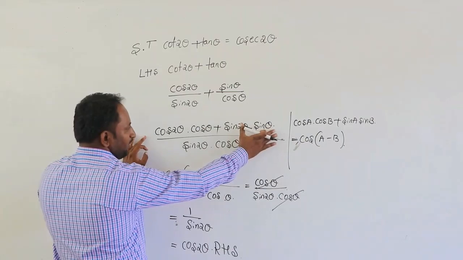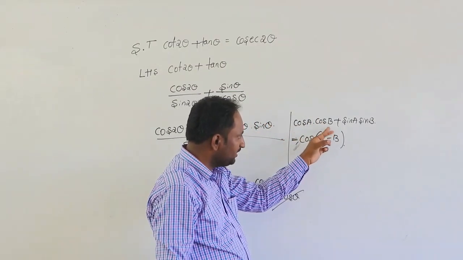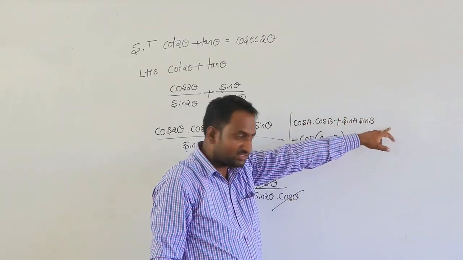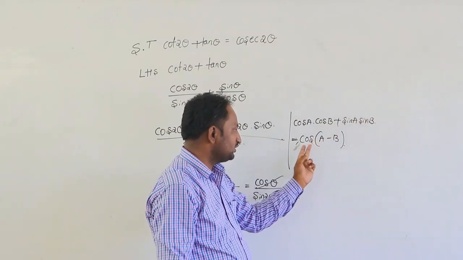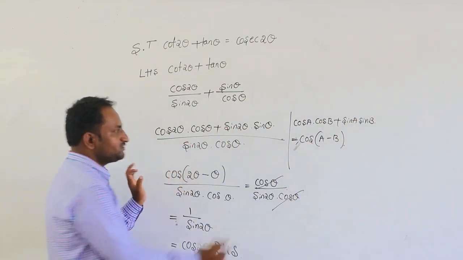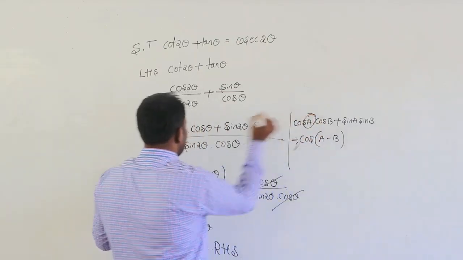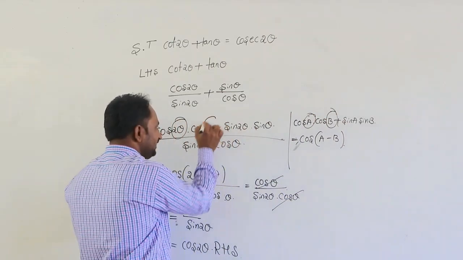This result comes under cos A cos B plus sin A sin B, which is equal to cos of A minus B. Here, in place of A, 2 theta is there, in place of B, theta is there.